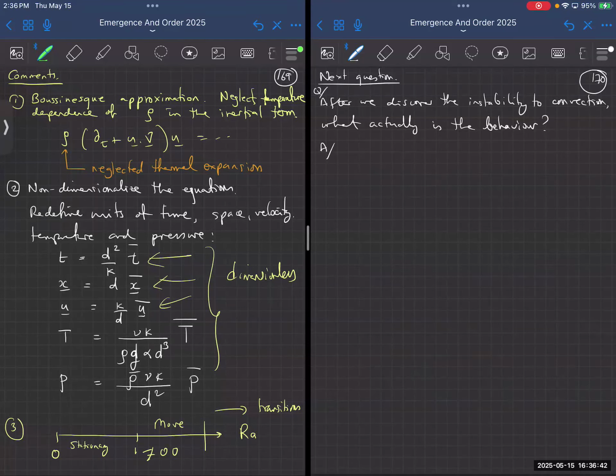So now let's talk about, after we discover what actually is the behavior, that for that we would need to understand nonlinearities and construct candidate states of the system.